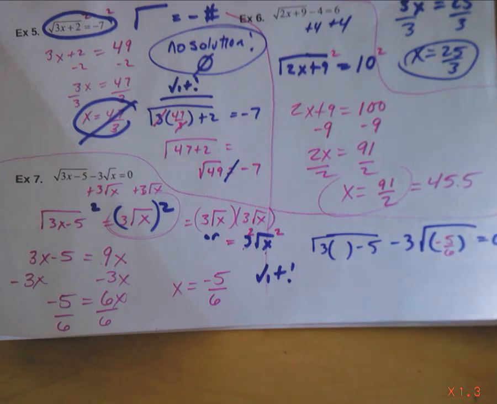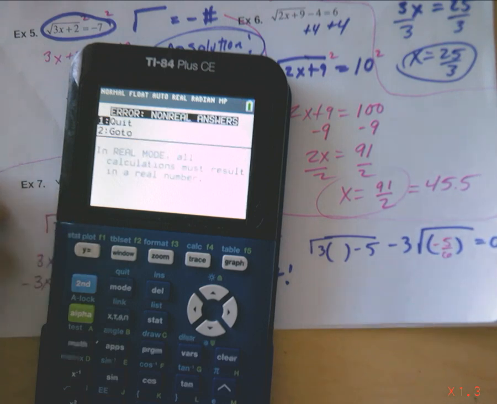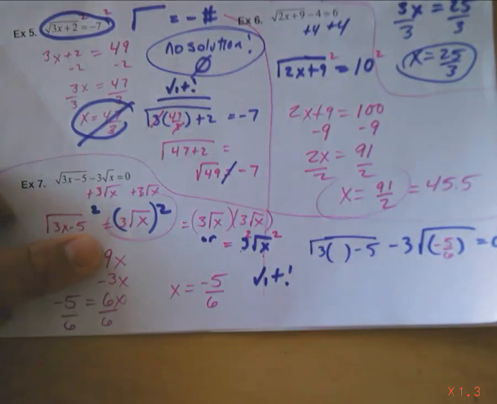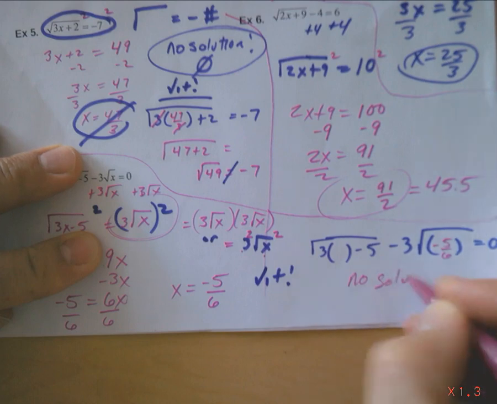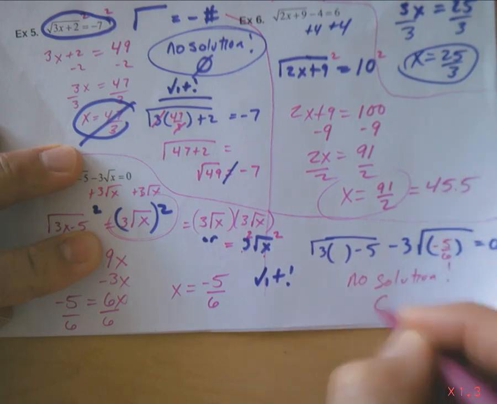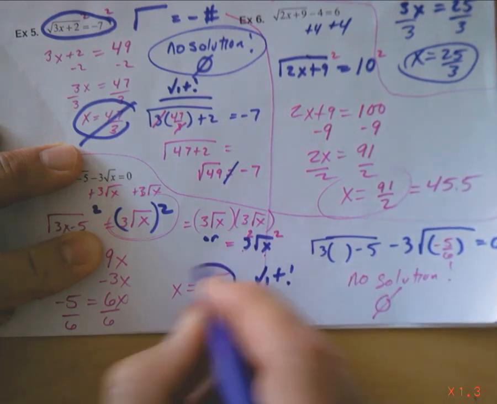If I do the square root of any negative number, square root of negative 5 divided by 6, I get no real answer. So guess what that is? This is no real solution, no solution in the real world. Empty set, null set.